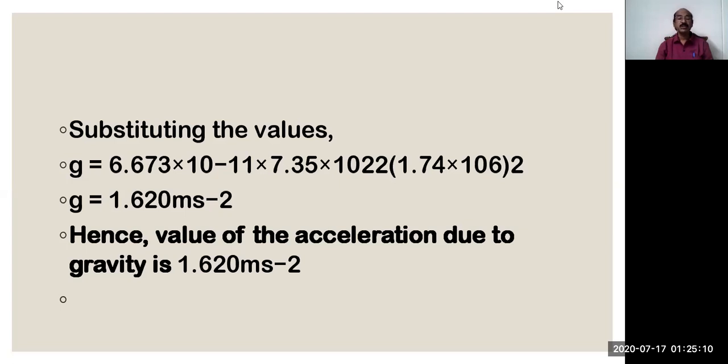Velocity also possesses the same dimensional formula, L T to the power of -1. In the SI system, the unit for both velocity and speed is meter per second, in the CGS system centimeter per second, and in the FPS system foot per second.